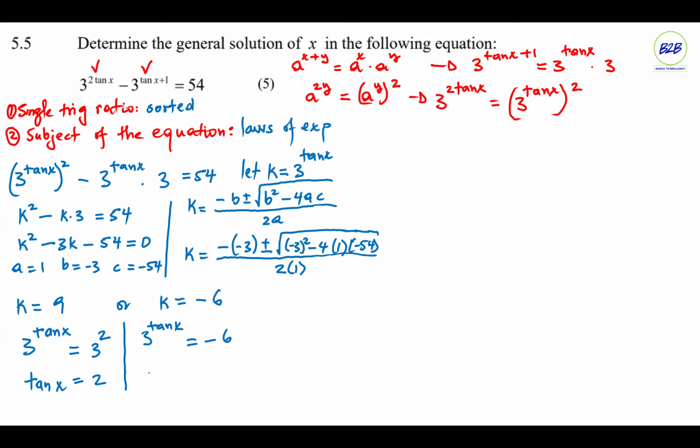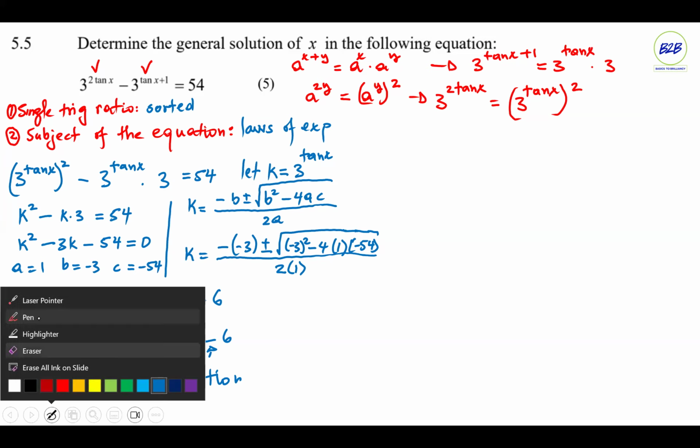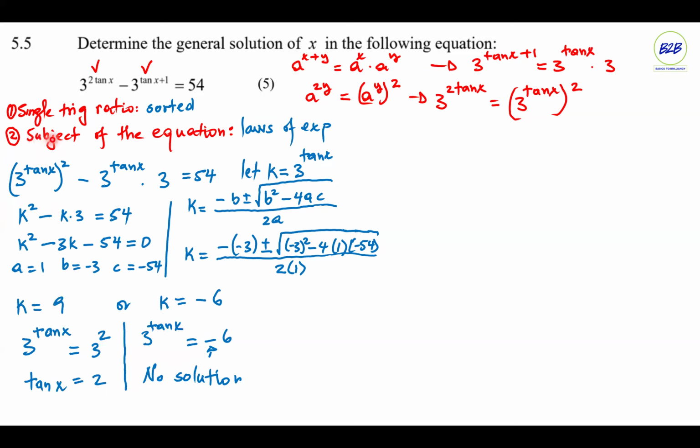And that has no solution because of this negative. It has no solution. So therefore, the only equation that we will continue with is tan of x equal to 2. And that, folks, is how we fight for that tan to be the subject of the equation.